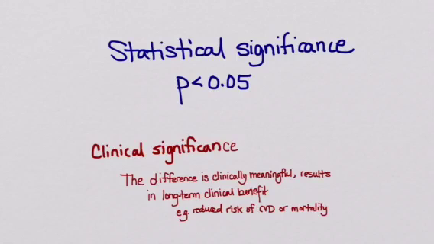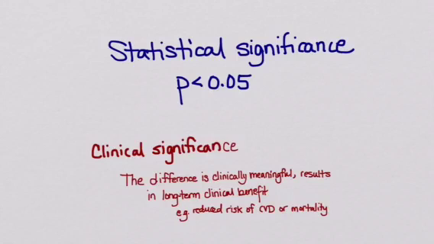It's not related to the hypothesis testing or the p-values, right? It's basically a clinical judgment that says this difference that I found in my study may be statistically significant, but is it also clinically meaningful? Does it result in a long-term clinical benefit? For example, does, say, the 1% reduction in weight result in a long-term reduction of risk of cardiovascular disease or mortality?